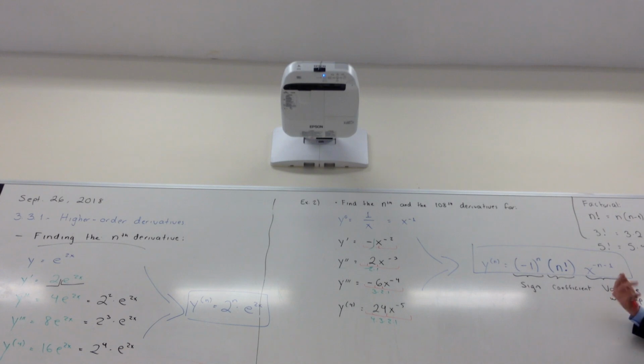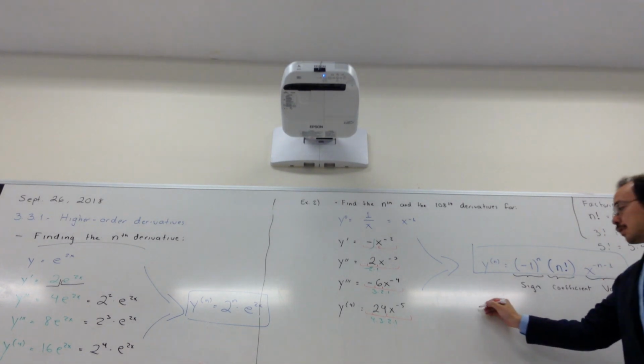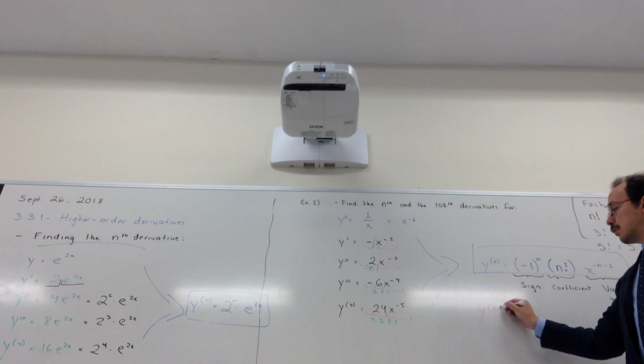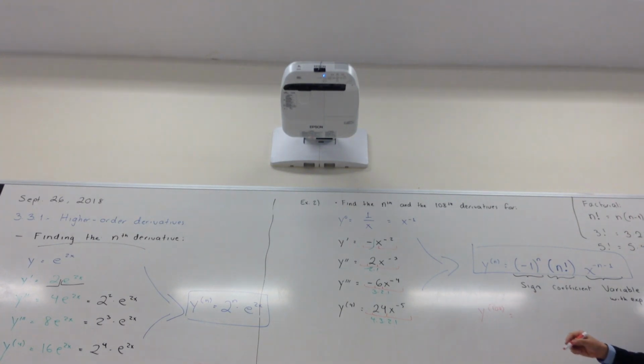So, if I want to find the 108th derivative, it would be what? Just put the value. Minus 1 to the 108 times 108 factorial x to the minus 108 minus 1. And then we try to solve and rewrite. But we're not going to solve the 108 factorial.